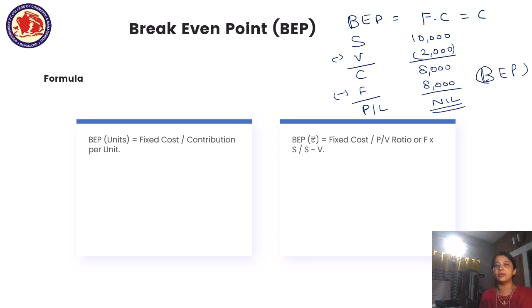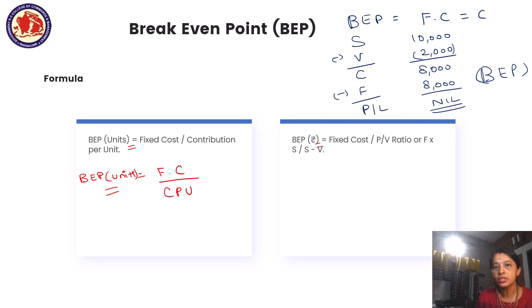Now break-even point can be ascertained in units or it can be ascertained in rupees. If you are ascertaining break-even point in units, the formula will be fixed cost divided by contribution per unit. So you will get the answer in units. Now if it is in rupees, one formula is whatever you get in units into selling price per unit.